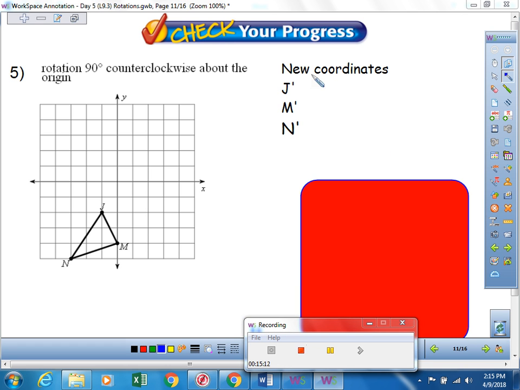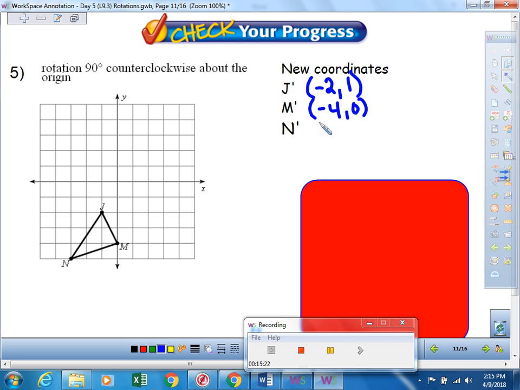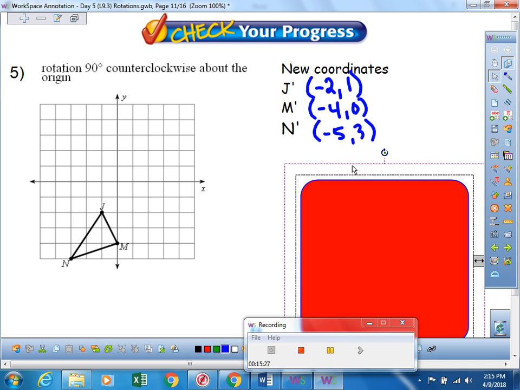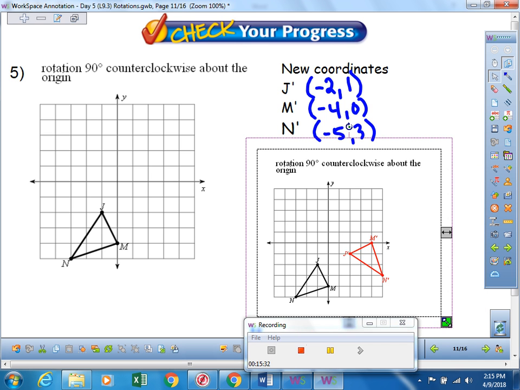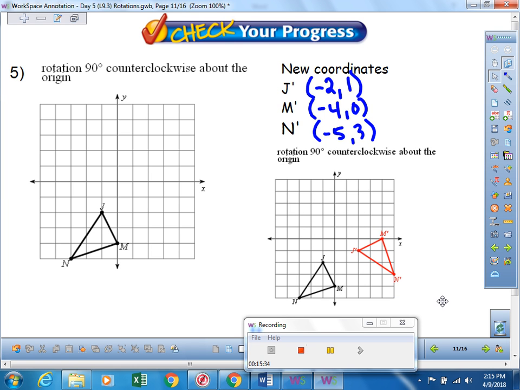Guys, what is it? -5, 3? Does everyone agree? Okay. Here is your graphed image right there.